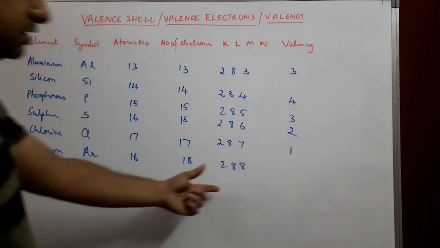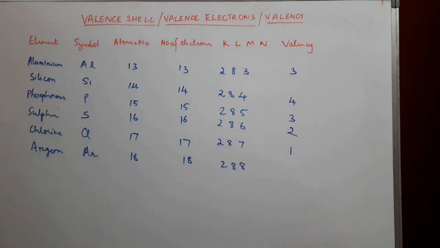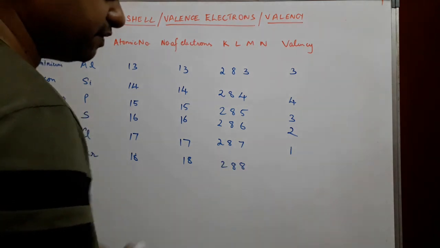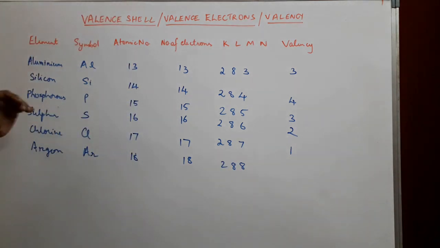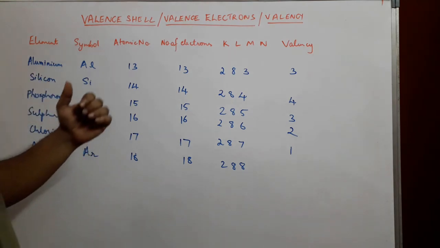So here once again there are 8 electrons in the outermost shell. It does not need any electrons, nor would it like to give any electrons, because every element looks to give or take electrons to achieve stable configuration.